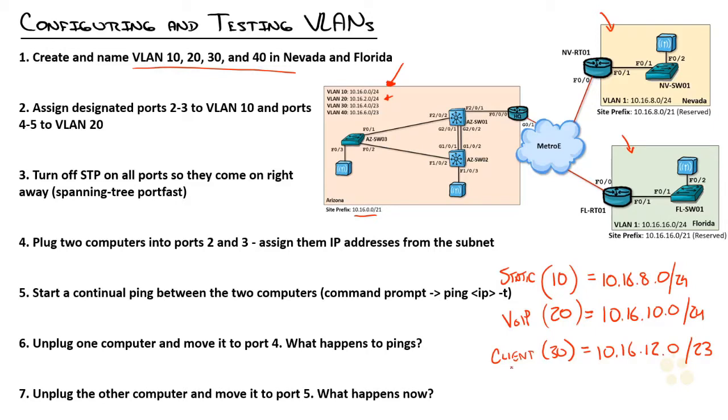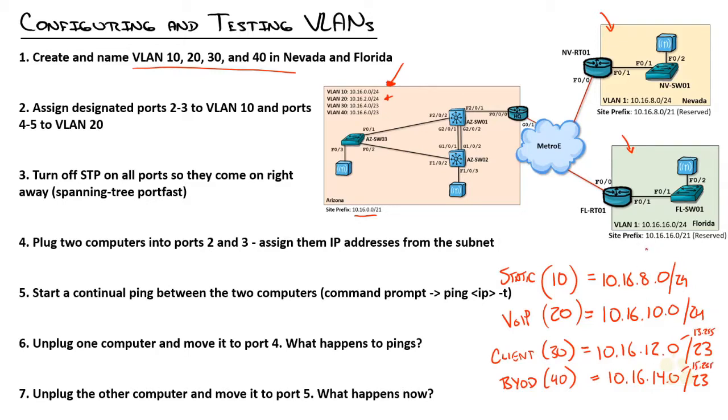But then below the client VLAN, we have VLAN 40. That was our BYOD, or our public VLAN, that we also needed 500 IP addresses for. So over here, it'll be 10.16.14.0/23 again, so this one goes through 13.255, and this one goes through 15.255, right?